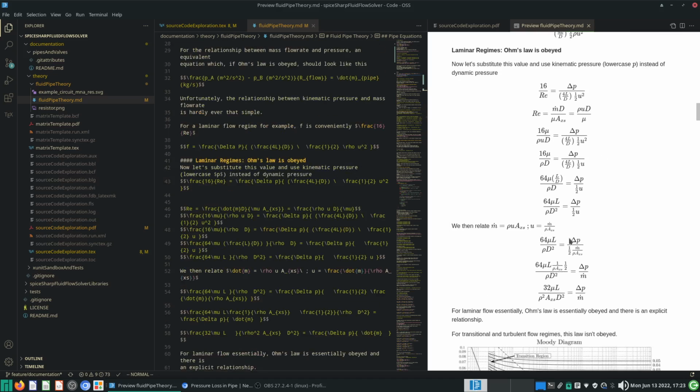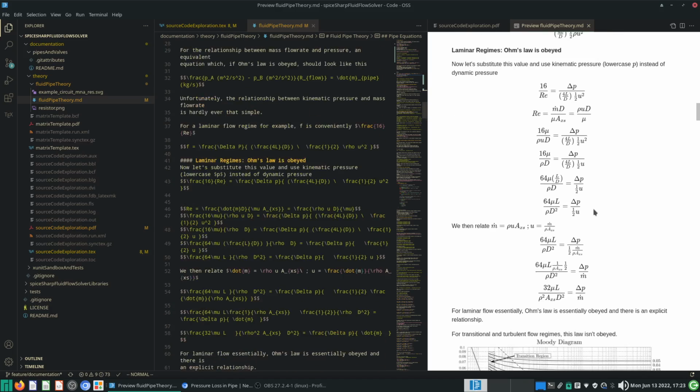I bring the D right here. I bring the L over D over here, with L on top and D at the bottom. So it's rho D squared at the bottom, 64 mu L over rho D squared equals delta P over half U.